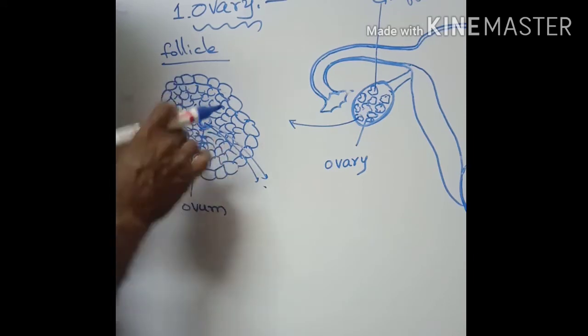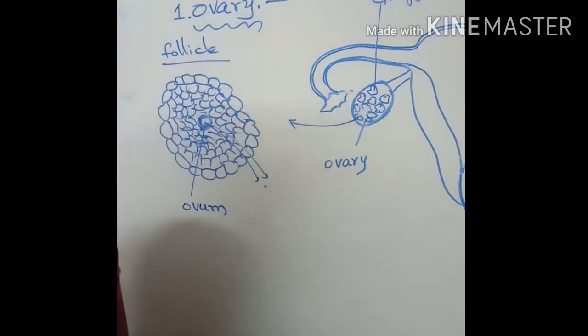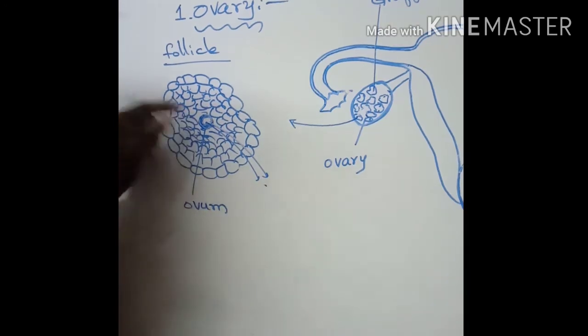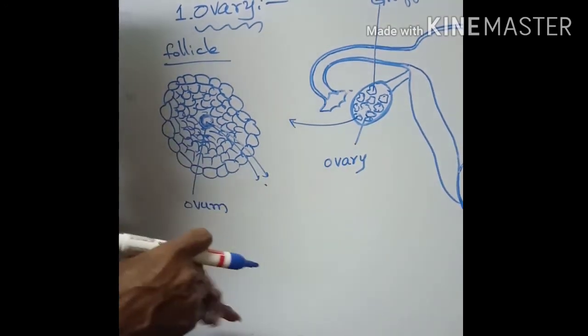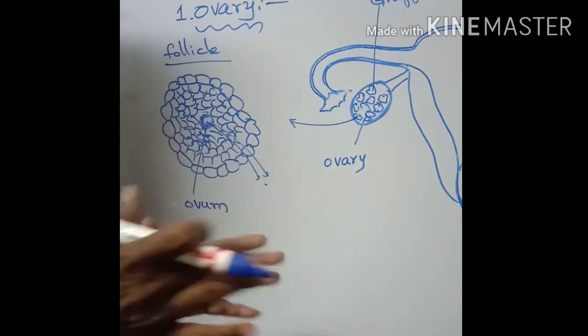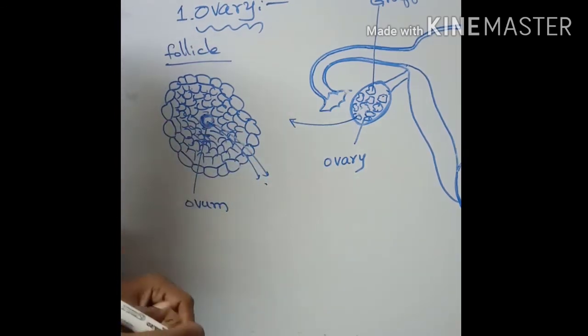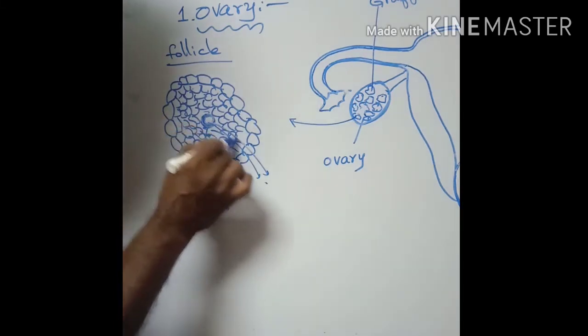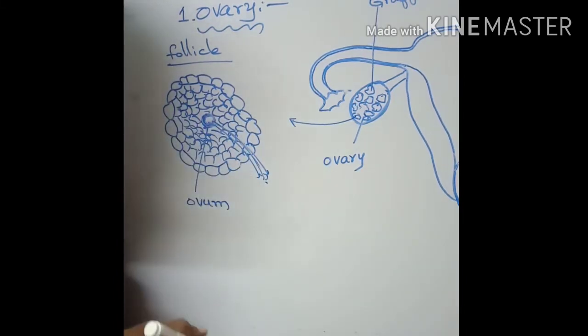So from the beginning of the month up to 12 days, this ovum grows gradually. After full development, maybe on the 13th day, or in some persons the 14th day, it is released to outside.